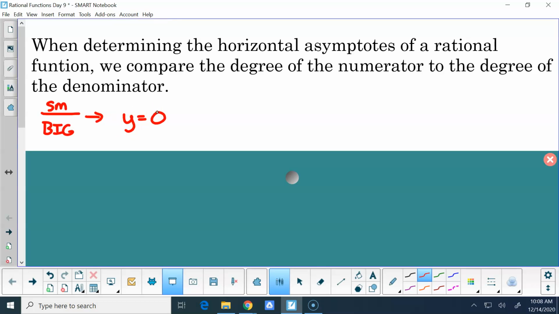Okay? We've got where they're the same. What's that one? And where do I get A and B from?